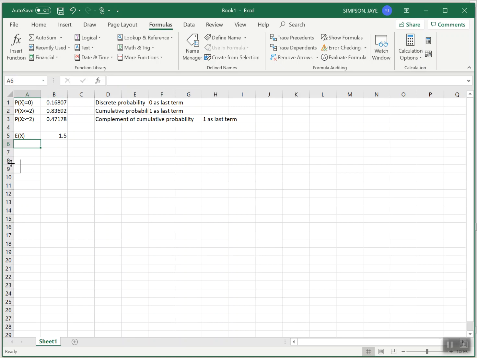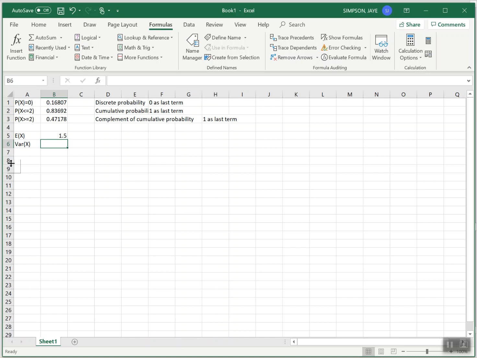Now I can easily calculate the variance. Remember, our formula is the mean, that 1.5, multiplied by 1 minus the probability of success.